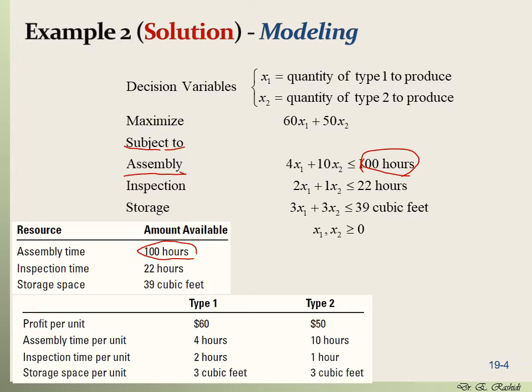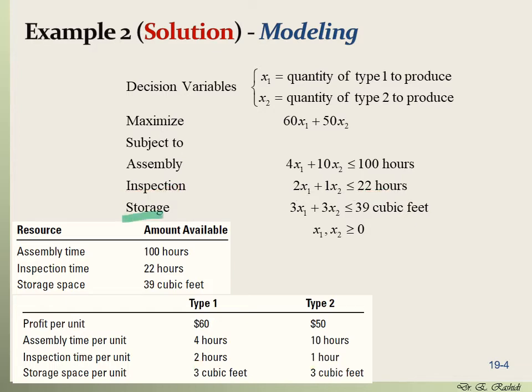That's 4x1 plus 10x2 less than or equal to 100 hours. For inspection, they only have 22 hours, with 2 hours per type 1 and 1 hour per type 2, so 2x1 plus 1x2 is less than or equal to 22 hours.